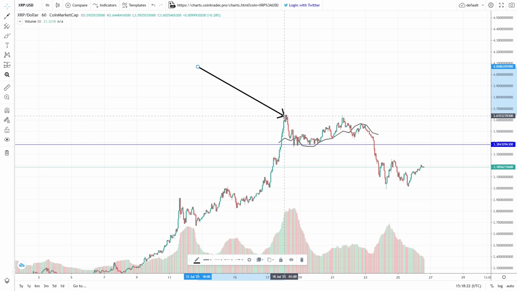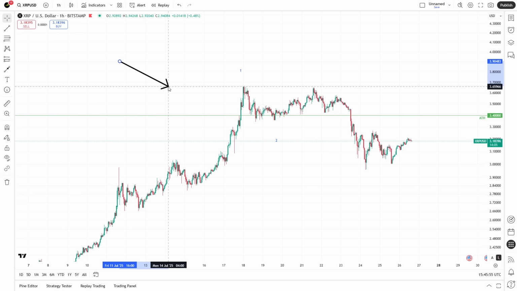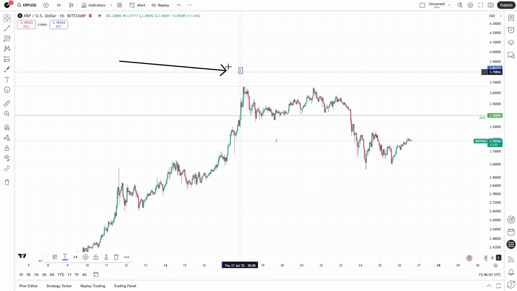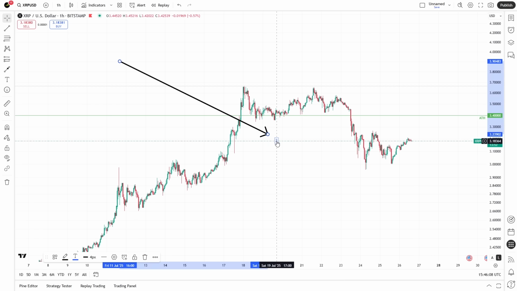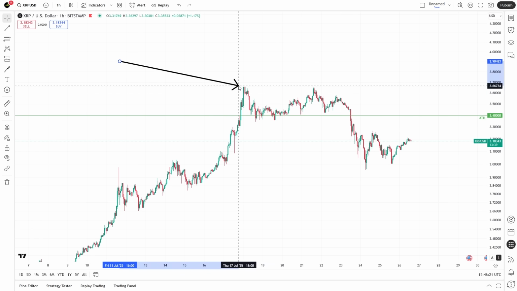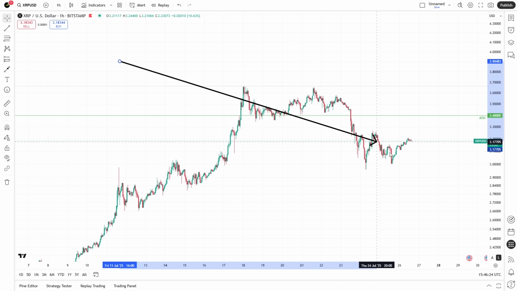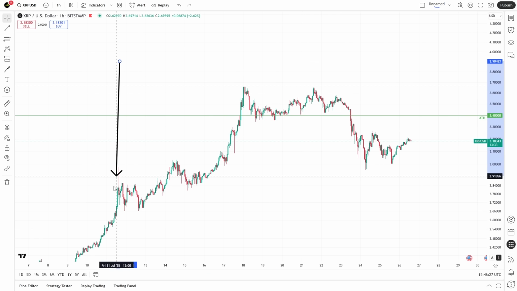Let's jump over to TradingView. Okay, so here we are back on TradingView, and we should not be counting this as the first move, nor should we be counting this as the second move. At least the counting should not begin yet. You know, I think this whole structure is really just another iteration or version of something like this.